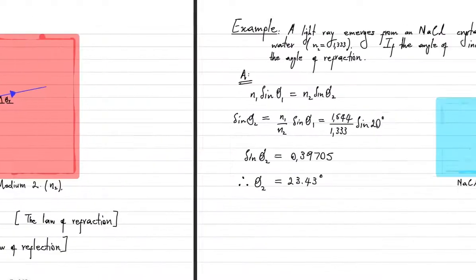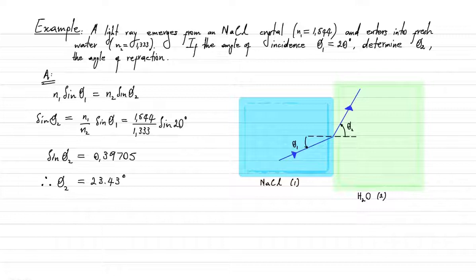Okay. Then let's consider an example of how this applies. Here we have a light ray. This light ray emerges from a sodium chloride crystal, and we've learned that the sodium chloride crystal has an index of refraction given by 1.544. This light ray emerges from the NaCl crystal and it enters fresh water, whose index of refraction is given by 1.333.